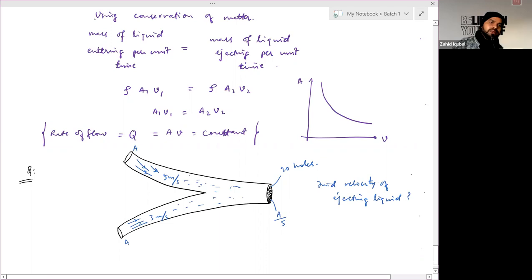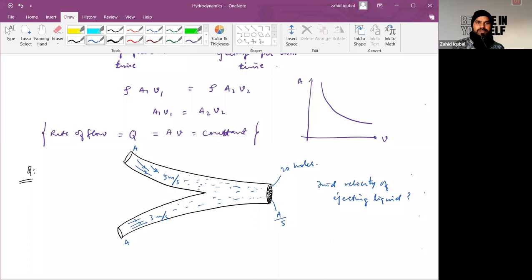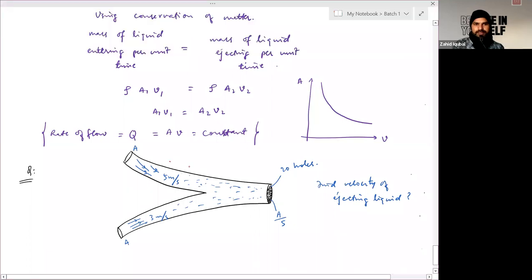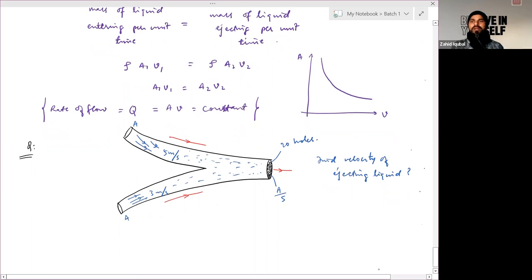Through this hole. So let me define you how to use this part. According to the above concept, equation of continuity, you will say this part through which liquid is entering to this junction, and this part liquid is entering through this particular junction, and only through this part liquid is ejecting out. So according to conservation of matter, total amount of liquid entering must equal total amount of liquid ejecting.